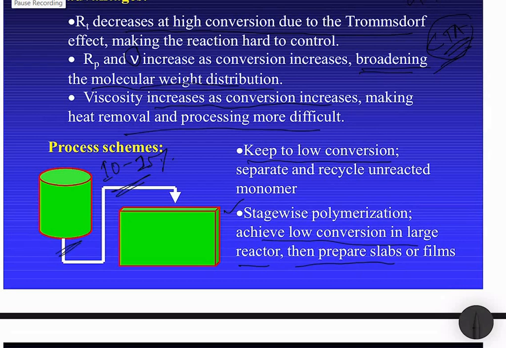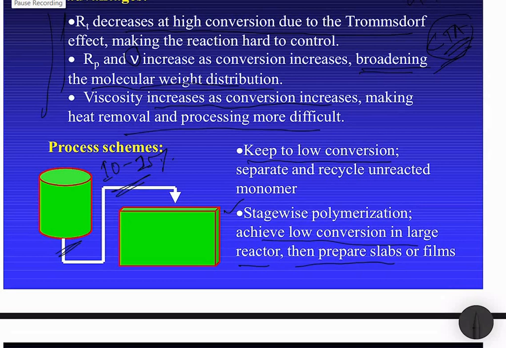And in that monomer conversion range, we can see the viscosity growth is not too high. That way the stirring is good and effective, so heat dissipation is also good. And also the problems that we discussed, or disadvantages that we discussed, would not creep in at this conversion range.